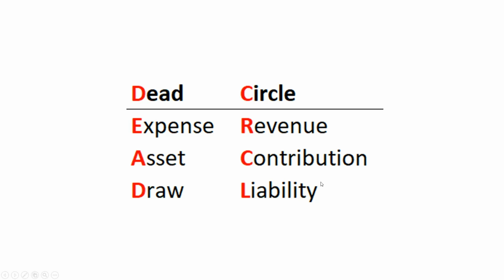So hopefully this is helpful for everyone. It is a little bit of memorization you have to do to get comfortable with the debit and credit, left and right, increase, decrease. But I find this to be pretty helpful and handy in memorizing how those transactions are recorded. So I just wanted to spend some time showing you that, and hopefully that will help y'all.